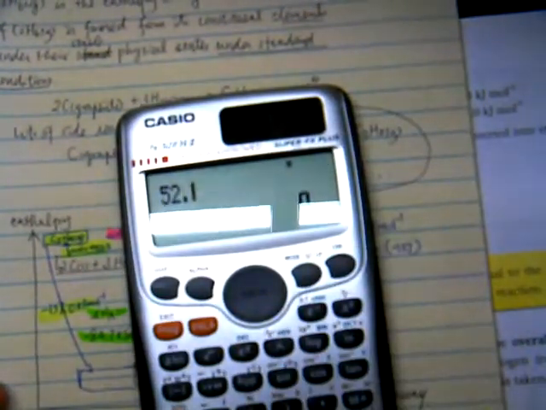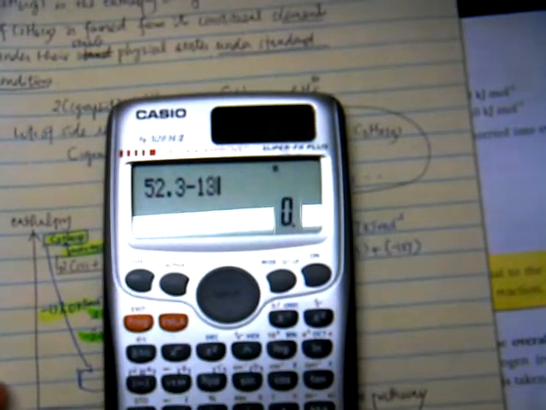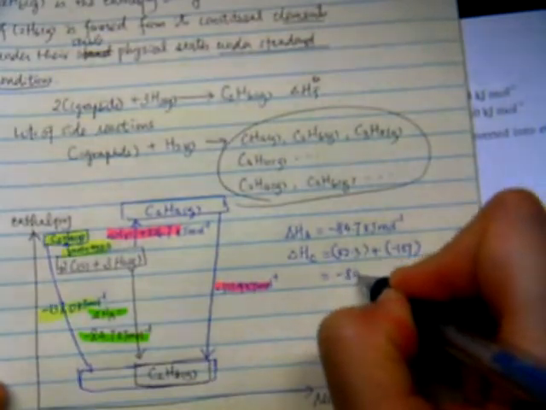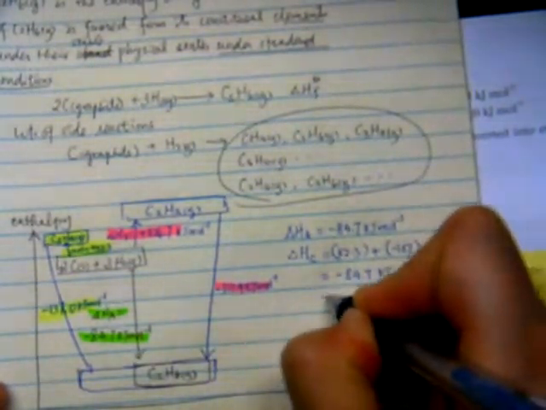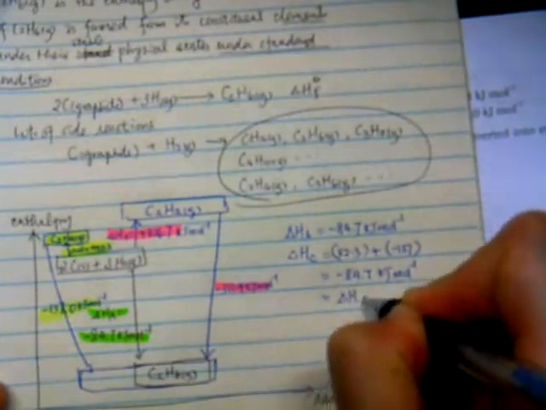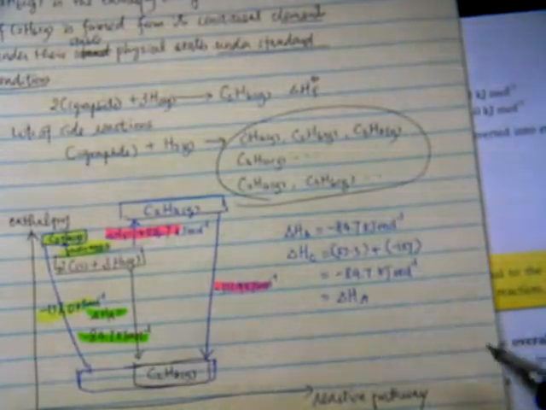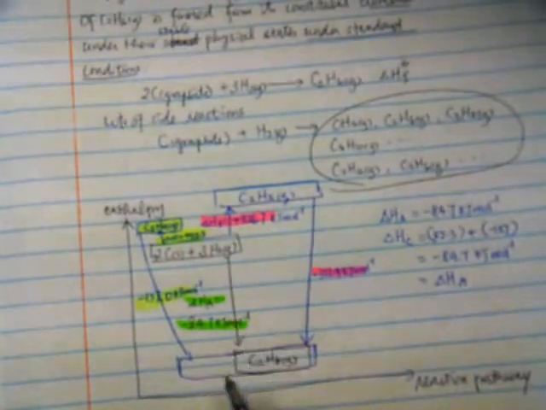Again, take out the calculator, which is negative 84.7 kJ per mole. Can you see that is also equal to the overall enthalpy change of route A? Understand? So use this enthalpy level diagram.